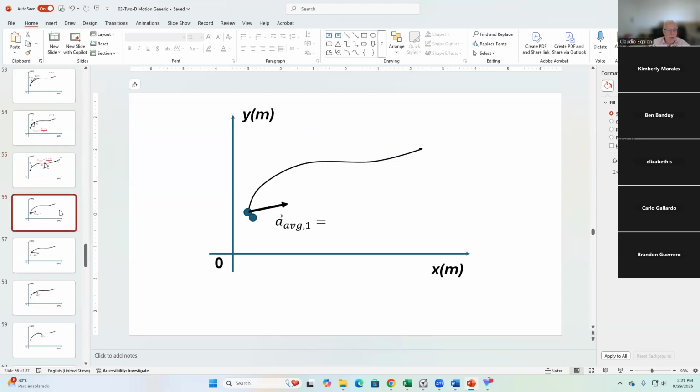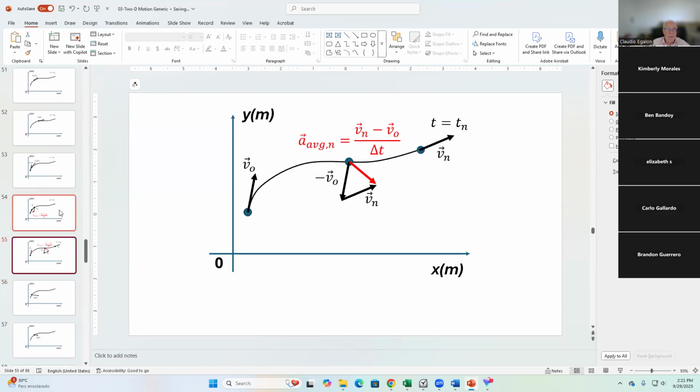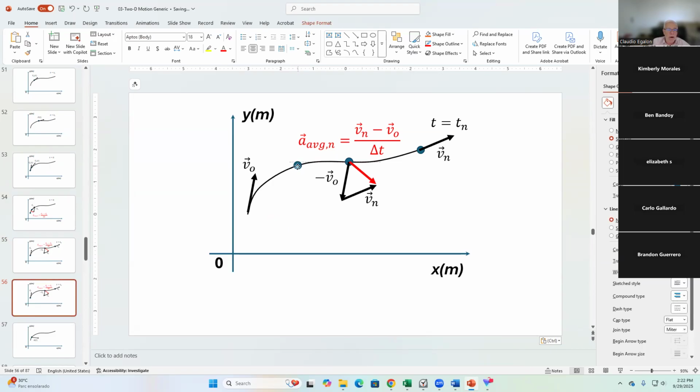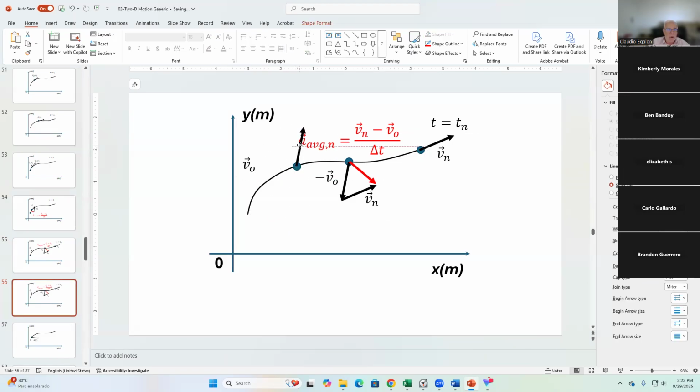We don't need that anymore. Okay. To find out the instantaneous acceleration vector at that very point, what do we have to do? We have to shrink the interval, right? Here you go. Shrinking the interval.